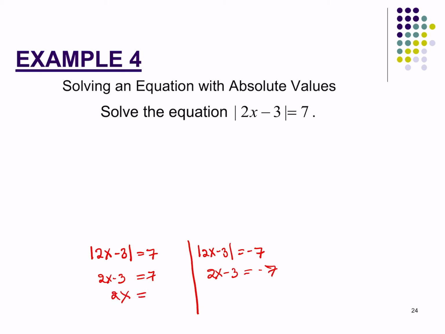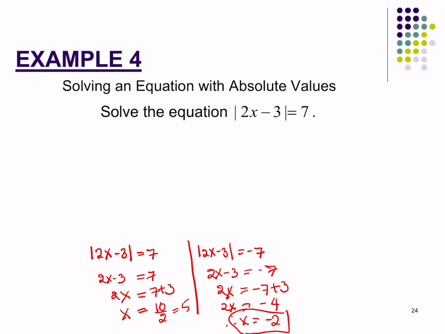So 2x equivalent to 7 plus 3. Therefore, x becomes 10 divided by 2, or it is 5. And then this one will become minus 7 plus 3, which is minus 4. Therefore, your x would be minus 2.